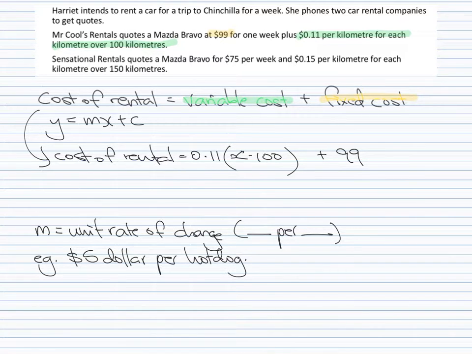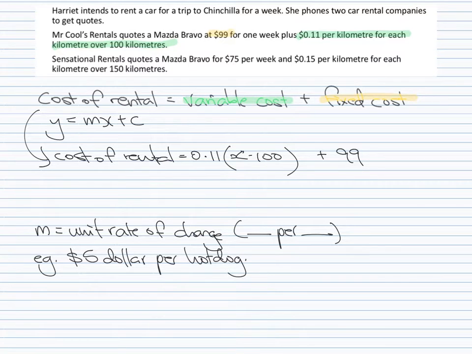So that means that whatever I drive has to be over 100. Okay, so if I drive 99 kilometers, I don't need to pay anything. If I drive 100 kilometers, I don't need to pay anything. But if I drive 101 kilometers, the x becomes 101. Take away 100.